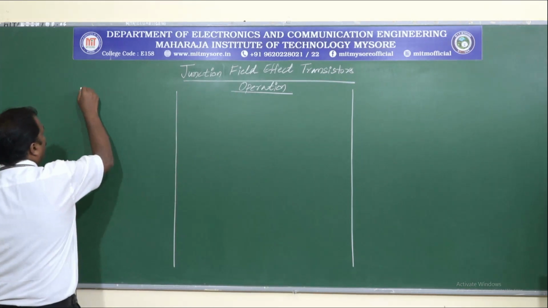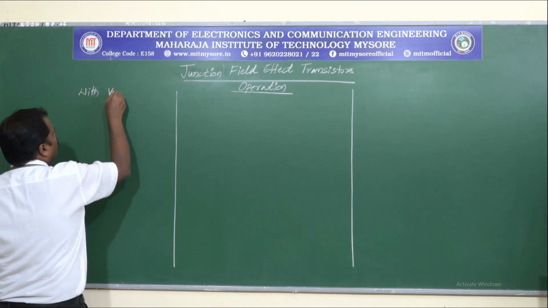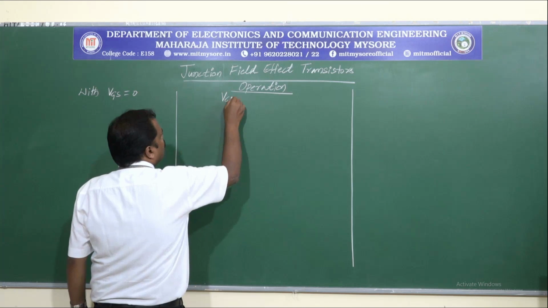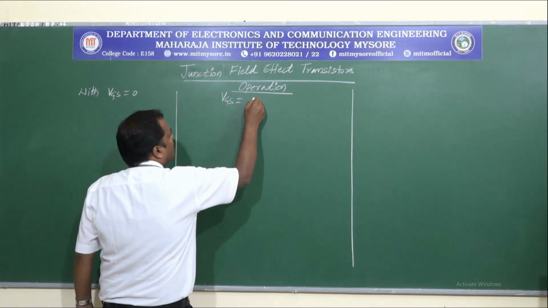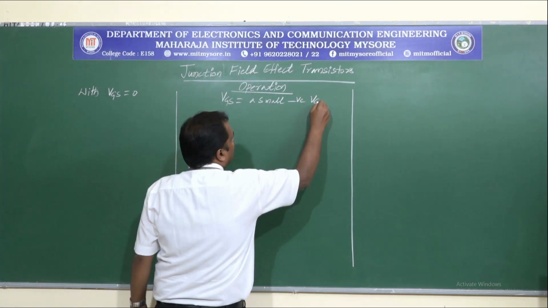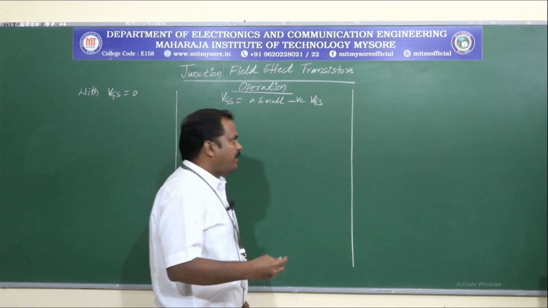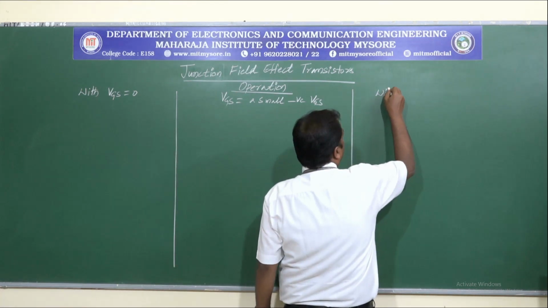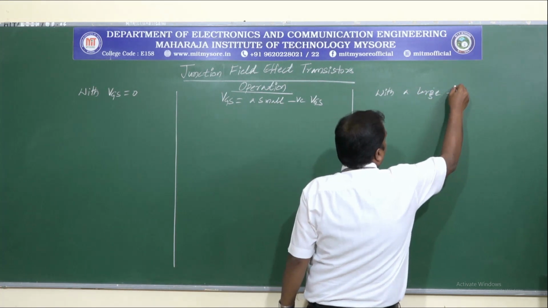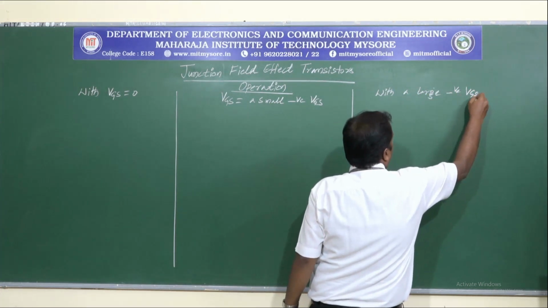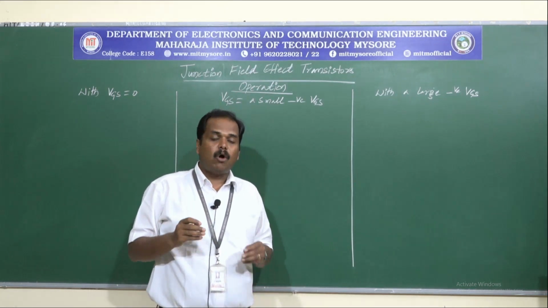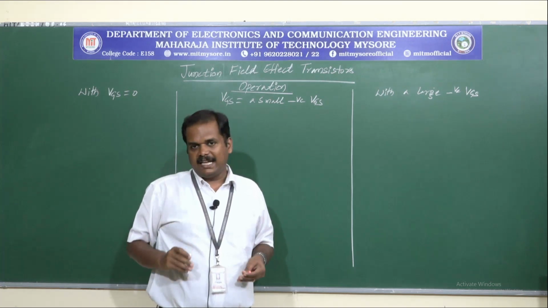Number one is with VGS equal to 0, with VGS equal to a small negative VGS, and with a large negative VGS. So, these are the three conditions we will be considering to understand the operation of an N-channel JFET.